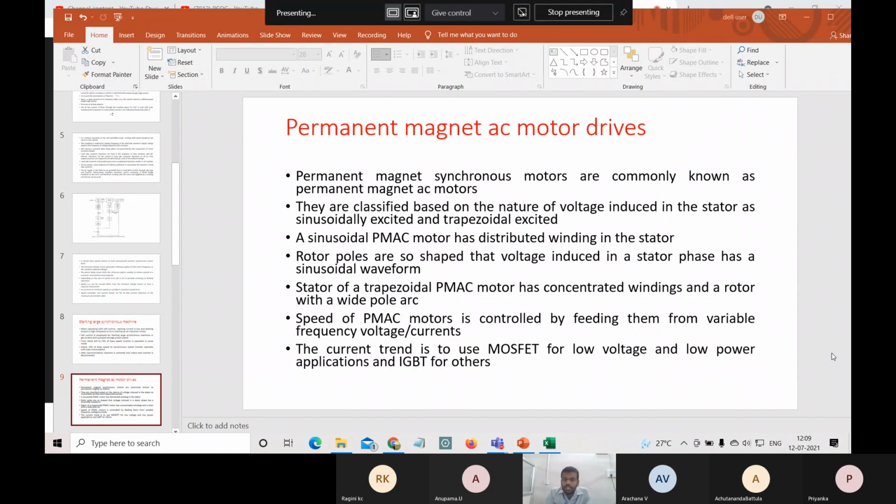And for applications other than low voltage or low power, we can use IGBT. So with the current technology, we use MOSFET for low voltage and low power operation, and similarly IGBT for high voltage and high power operation.